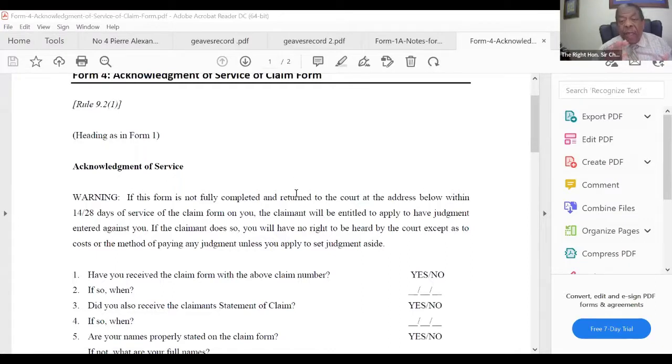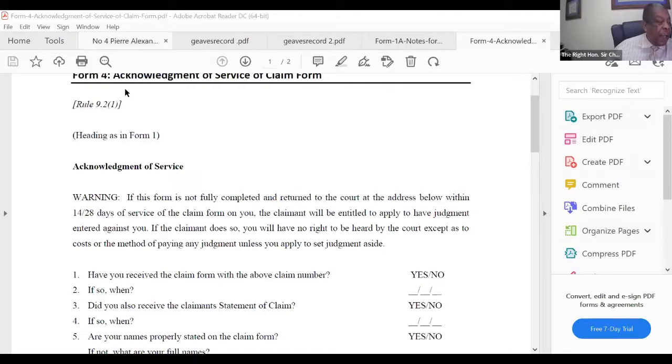So you have this ability to interrogate the means of the defendant immediately after the acknowledgement of service is filed. So it expedites the process of getting the final judgment and getting orders compelling payment. Now, you have the acknowledgement of service form. Yeah, here it is.